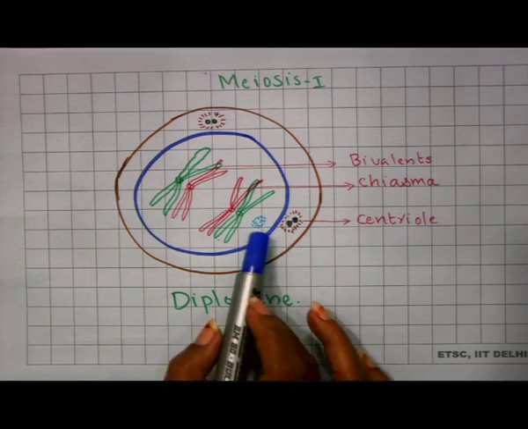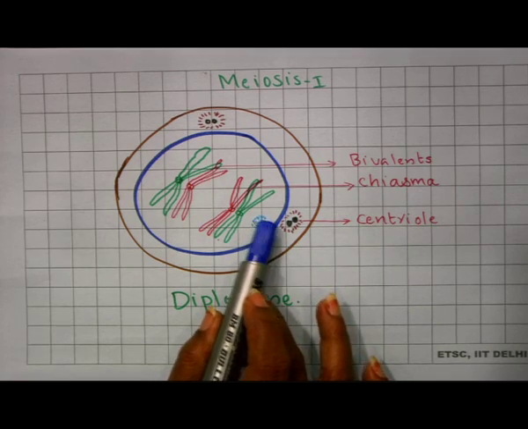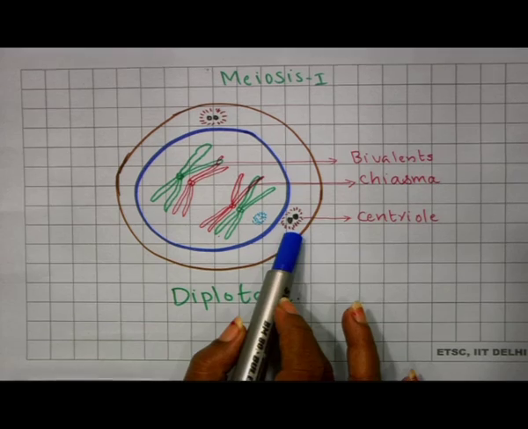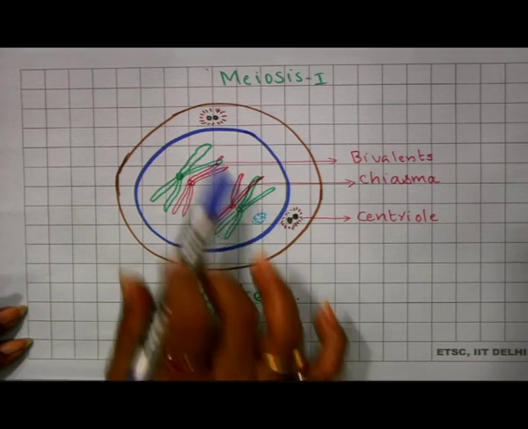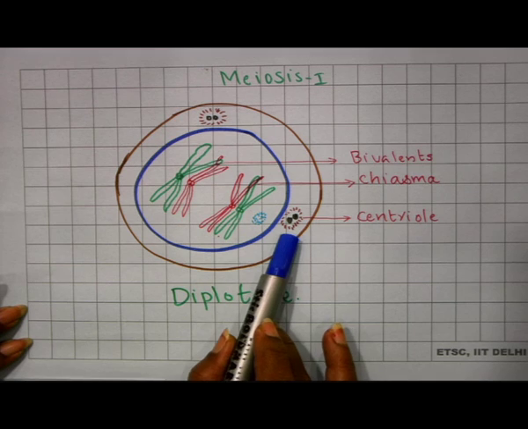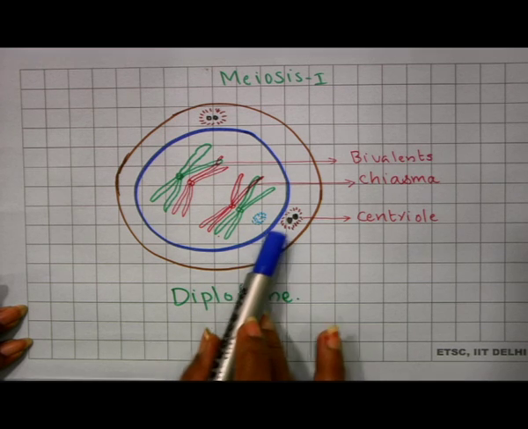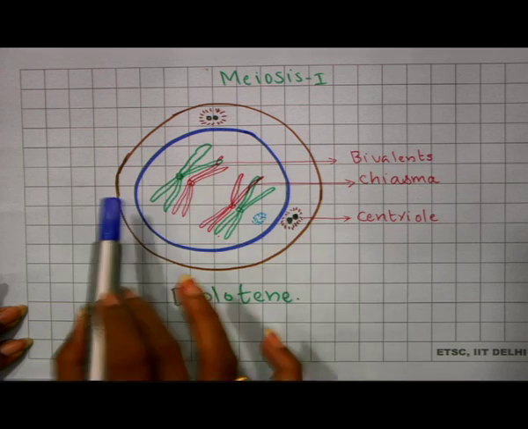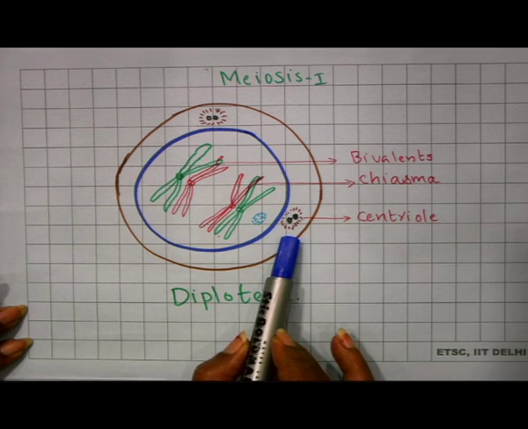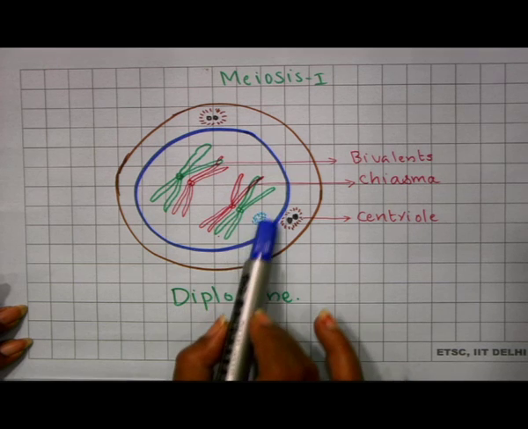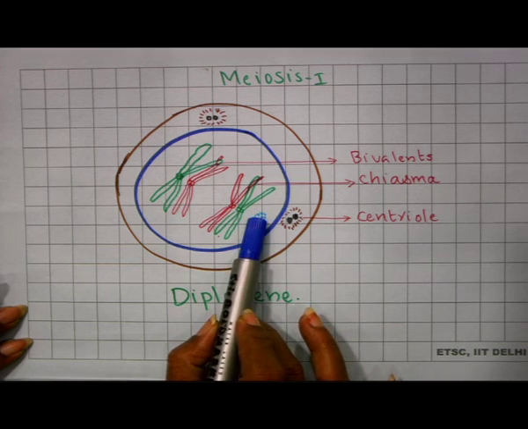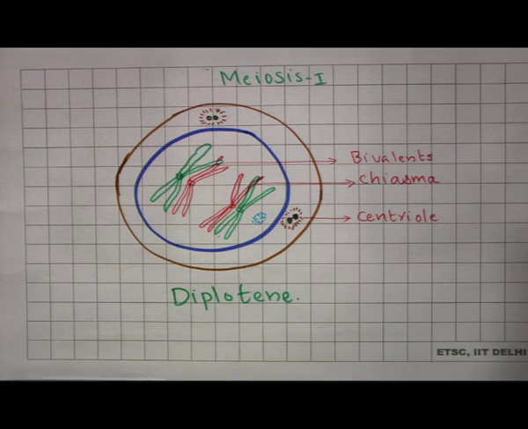Remaining characters: the duplicated centrioles started moving and they are almost reaching the opposite poles. Astral rays formation is there and the nucleolus is also present, but starts disappearing, disintegrating.